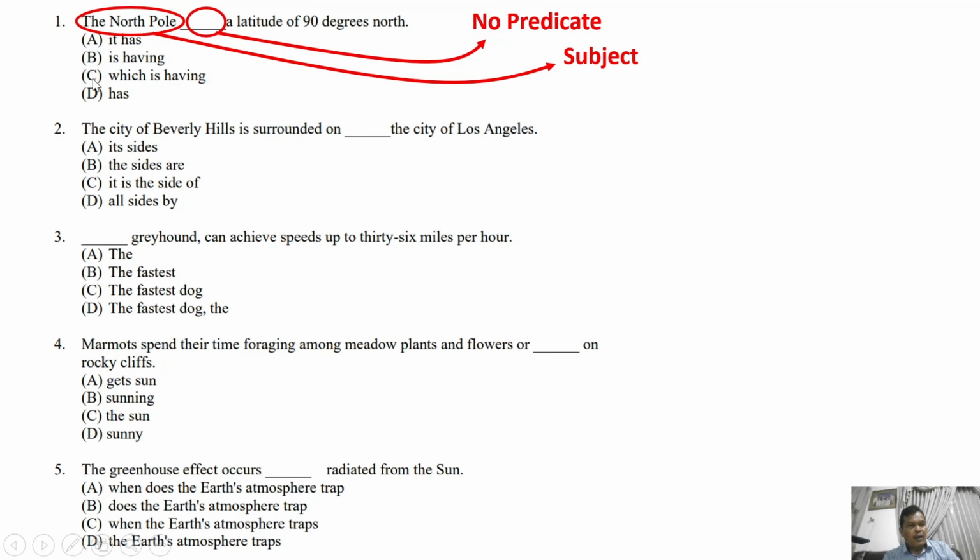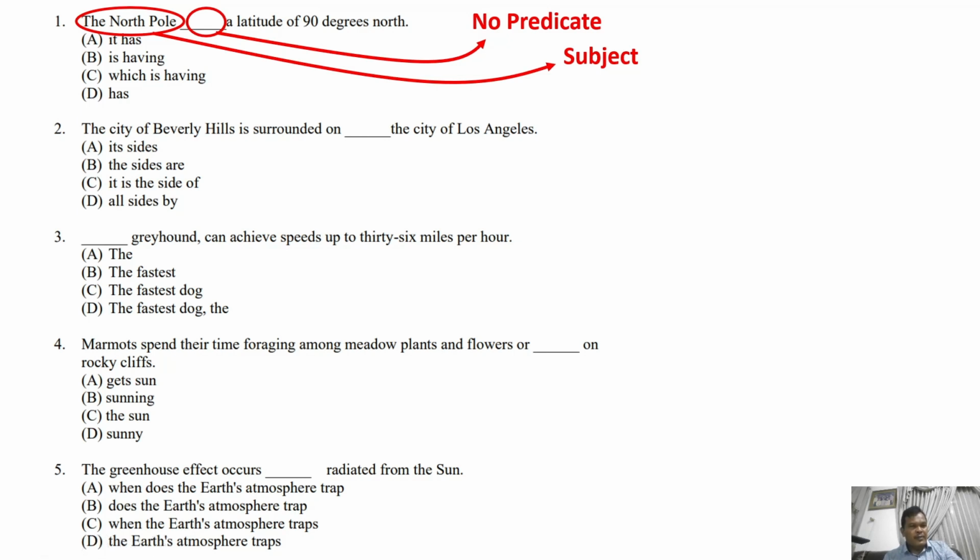Therefore, option A is incorrect, and option C is incorrect. So there are only two options left, B and D. Now you see here that the verb is have, and have is never used in continuous tense. Therefore, the answer goes to D.